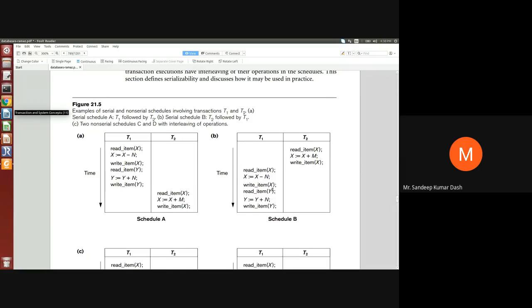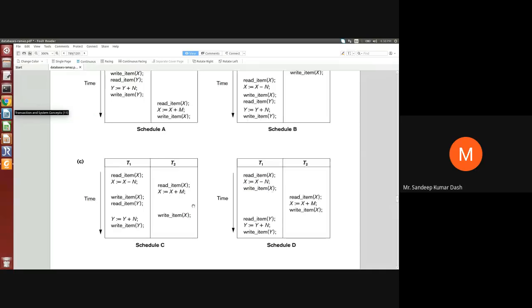Just try on any of these two and tell the result. Here it will not be reading 87, it will be reading 90, because this has not been written onto the database yet.